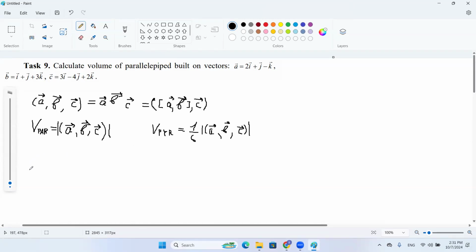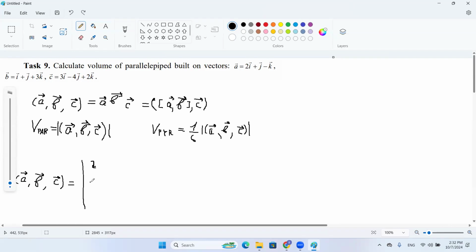Okay, and now let's calculate our mixed product. So a, b, and c. Let me copy and paste to save time. We remember that we must write vectors as rows. Oh, no, not rows, but columns.